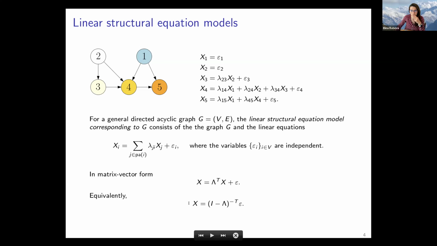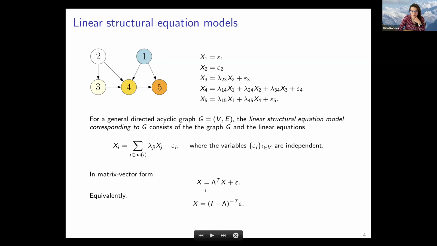And equivalently, you can move this lambda transpose x to the left, subtract it, and then multiply both sides by I minus lambda inverse transpose, and you get this equation. And here, if your graph is acyclic, then you can show that this matrix is always invertible. So you can always do this.